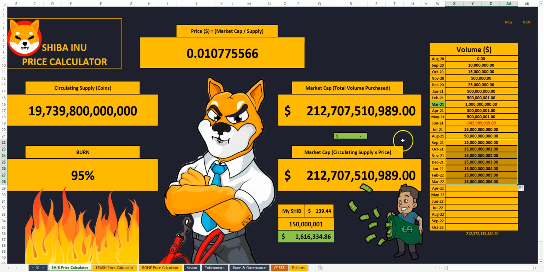Oh, here we go. So at a 200,000 market cap, if we burn 95% of the circulating supply, we will definitely get to 1 cent. And my little investment of $140 would leave me in a millionaire position in this little scenario.